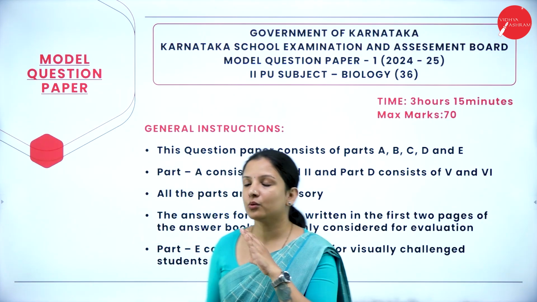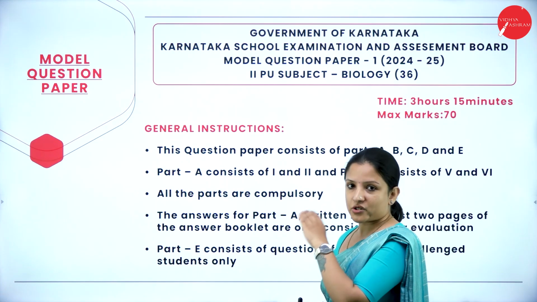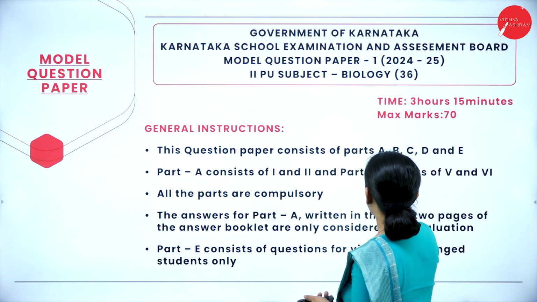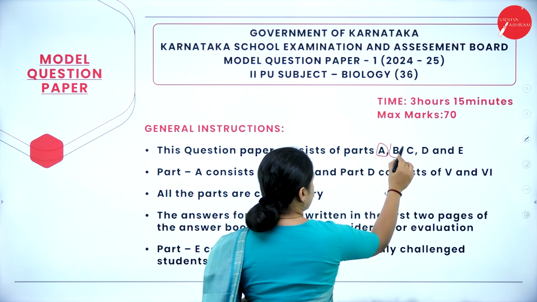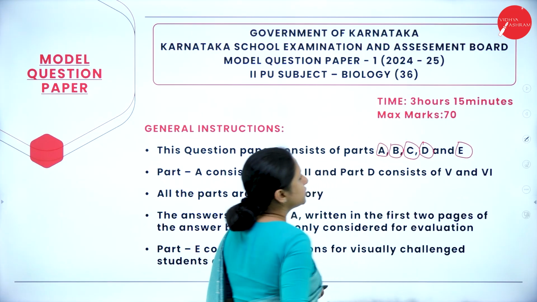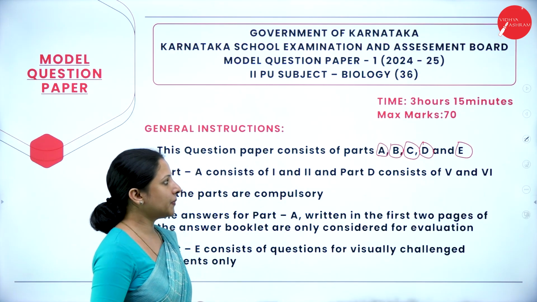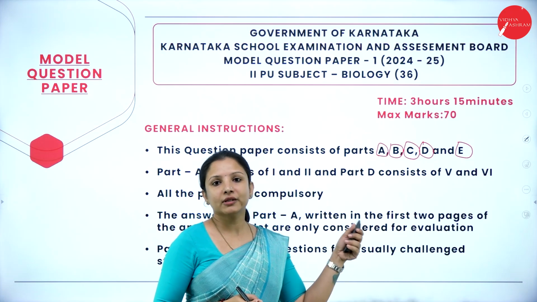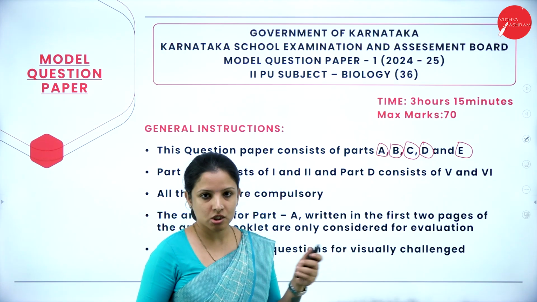So this is what will be printed in the question paper. The first one is, the question paper consists of part A, part B, part C, part D and part E. So you have to attend part A, part B, part C and part D. Part E is only for the visually challenged children.